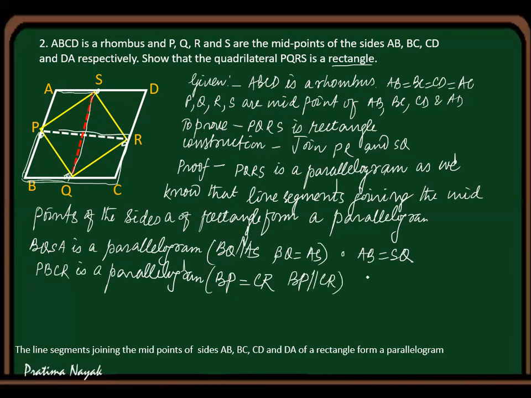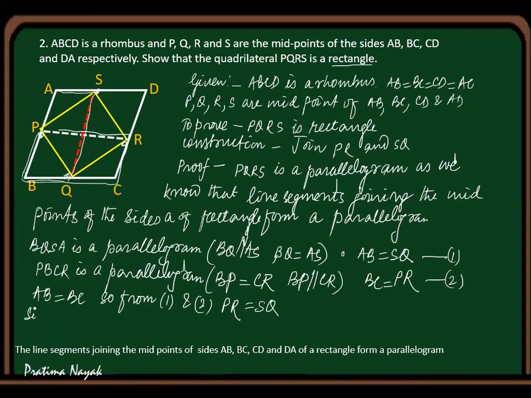So here I am getting BC is equal to PR. This is relation 1, this is relation 2. We know that AB is equal to BC. So from 1 and 2, PR is equal to SQ.